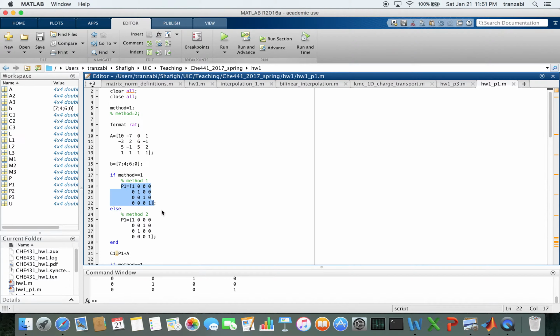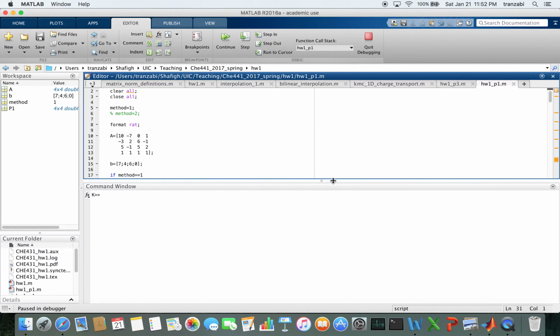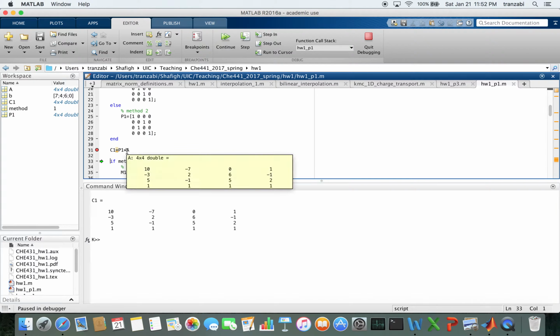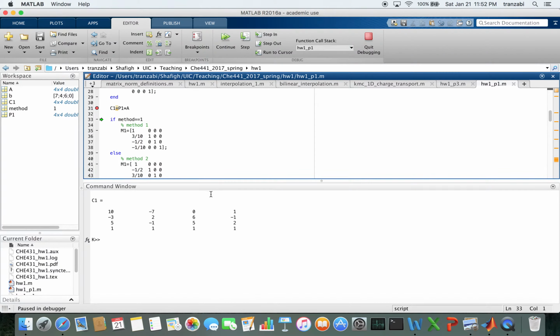Now, we can multiply A by the permutation matrix to see what that gives us. Let me run it up to that point. Here is the matrix, which actually doesn't change because we multiply by the permutation matrix, which is the identity matrix. Now, in the next step, we have to make zeros in the first column from row 2 to row 4.